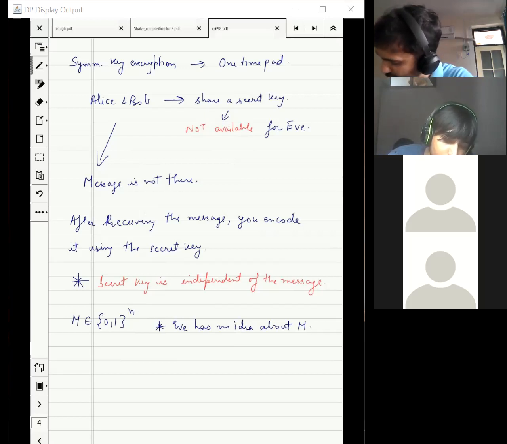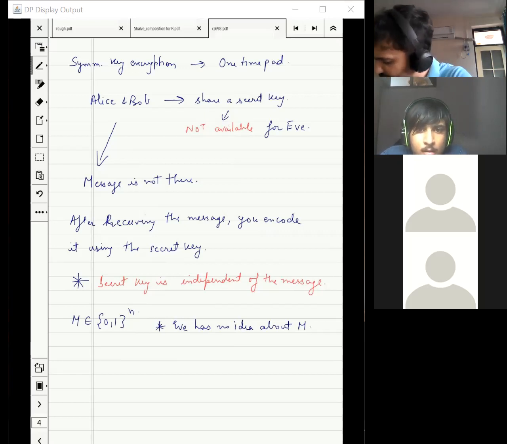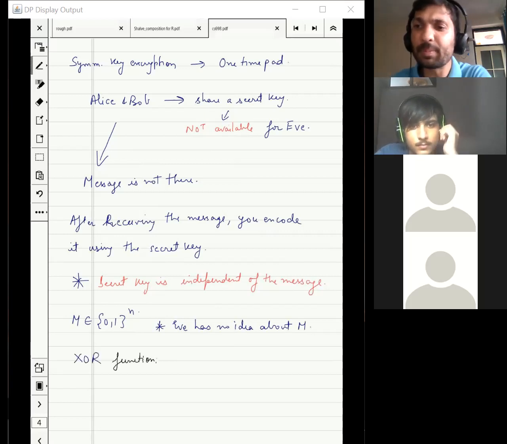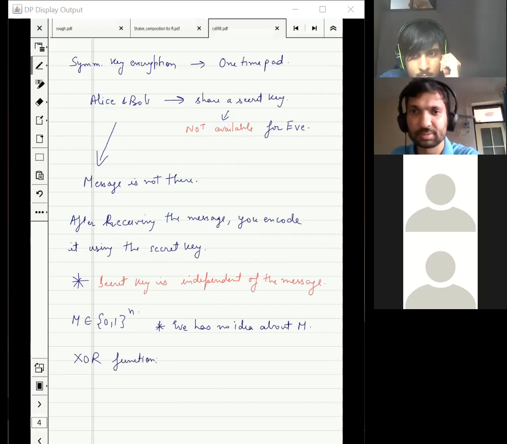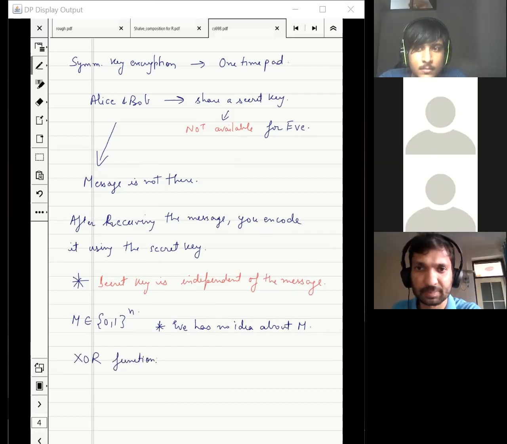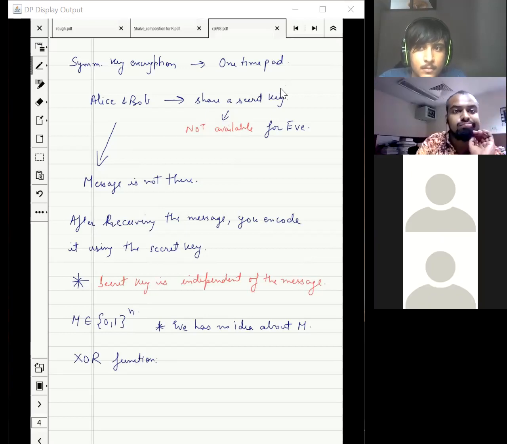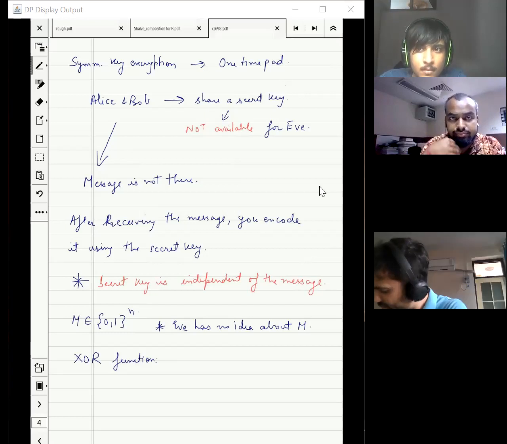Now the idea of one-time pad is to use a function called XOR. How many people know what the XOR function is? Again, feel free to raise your hand. Okay, almost everyone. Good. It's a simple function.